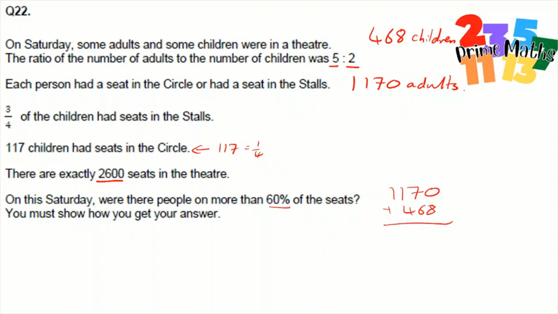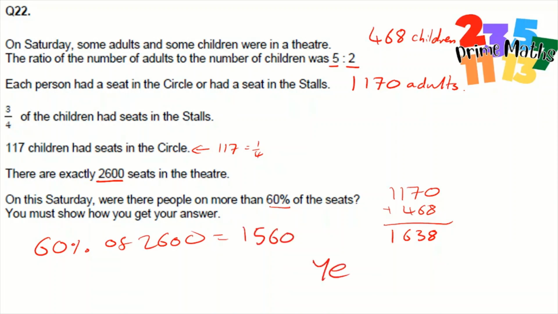If I add those together, we know we had a total amount of people of 1,638. 60% of 2,600 is 1,560. So yes, there were more than 60% filled, because 60% is 1,560 and we had 1,638.